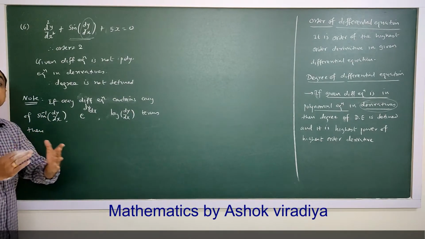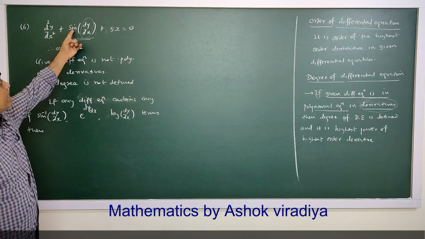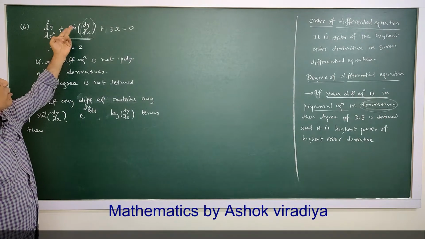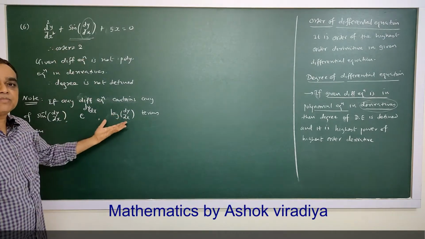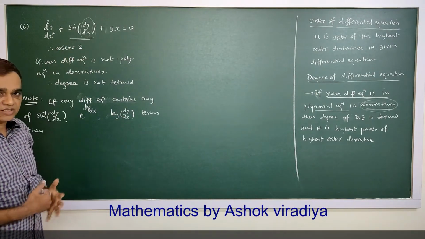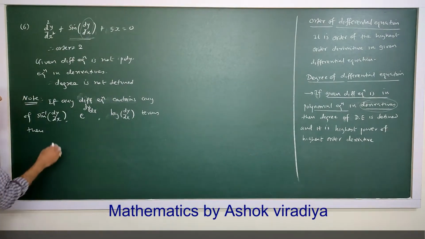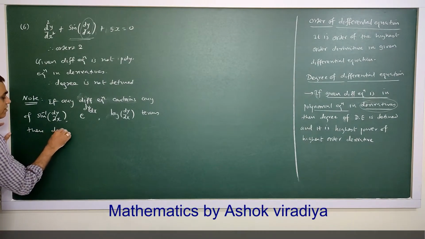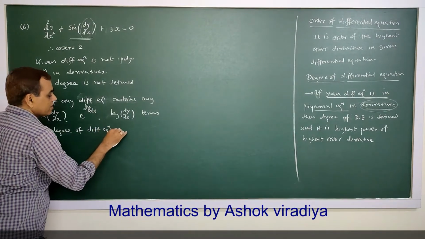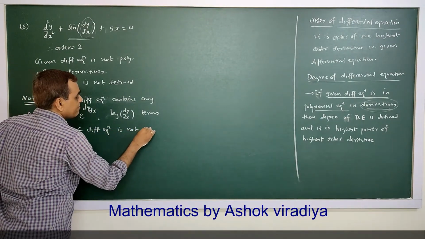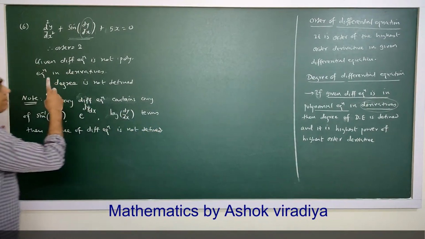There are 6 inverse trigonometric functions, 6 trigonometric functions. If here cos is given, tan is given, cot is given, the answer remains the same. It is not a polynomial equation. So then the degree of the differential equation is not defined. So remember this point.